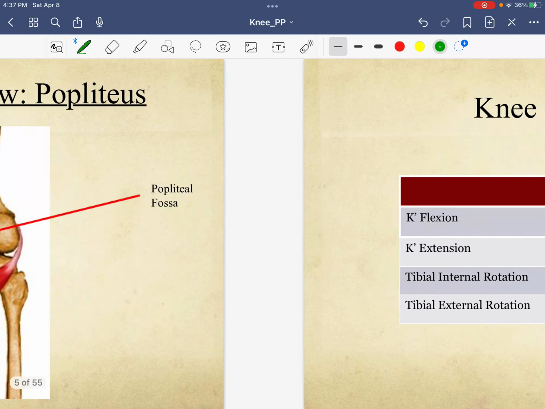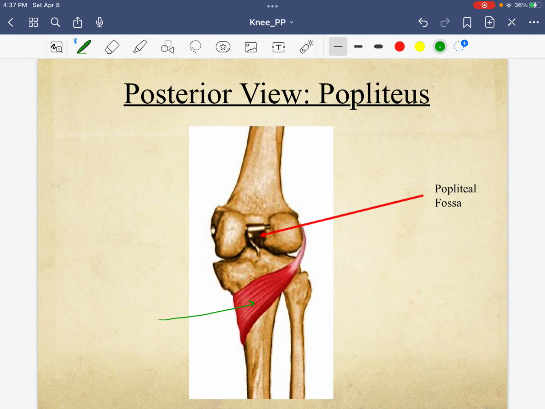But when we look posteriorly, the space between the femoral condyles is the popliteal fossa. Why is it there? It's important because it's a big old space that nerves, arteries, and veins travel through. A big bundle of vessels and nerves passes through there.